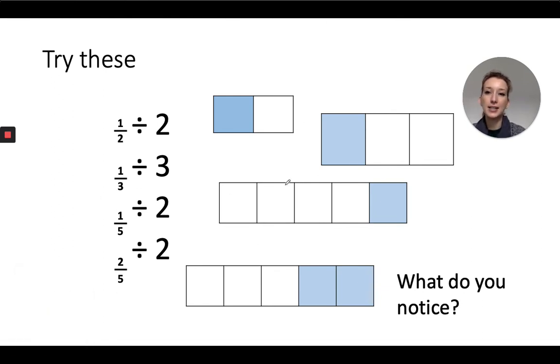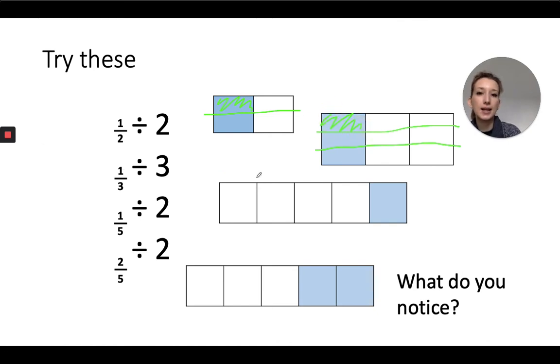Right, how did you get on? So half divided by 2, or half times a half, would be that quarter. And a third divided by 3, not very equal, but you get the idea, would be a 9th.